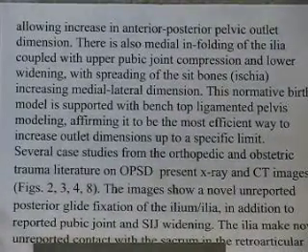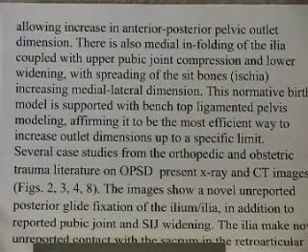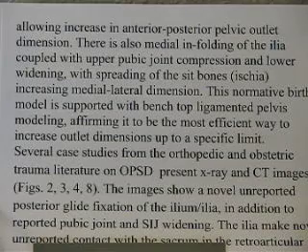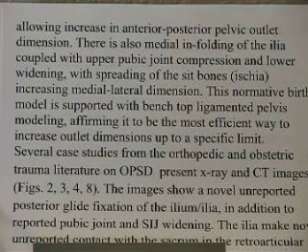Several case studies from the orthopedic and obstetric trauma literature on obstetric pubic symphyseal diastasis present X-ray and CAT scan images, and we've already seen those images on figures 2, 3, 4, and 8.